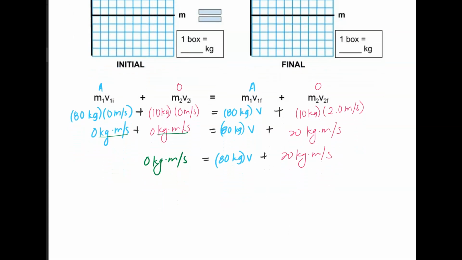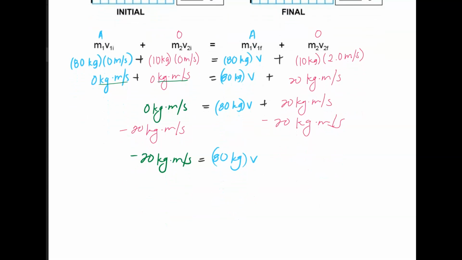And then from here, we can subtract 20 on both sides. So subtract 20 on both sides, and we get negative 20 kilograms times meters per second equal to 80 kilograms times velocity.